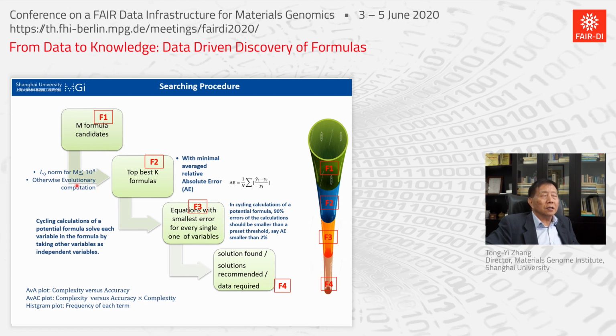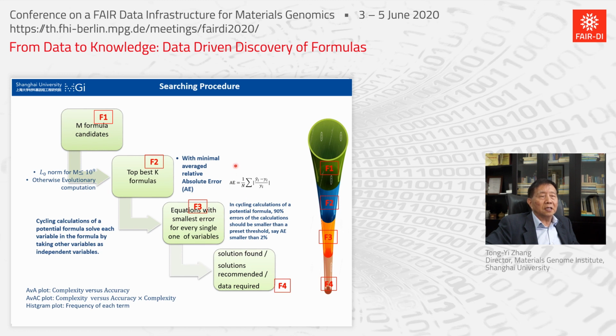Through this, we reduce the M formula candidates to the top best K formulas. To judge that, we use the minimum average relative absolute error, which we call AE, and its definition is given here.